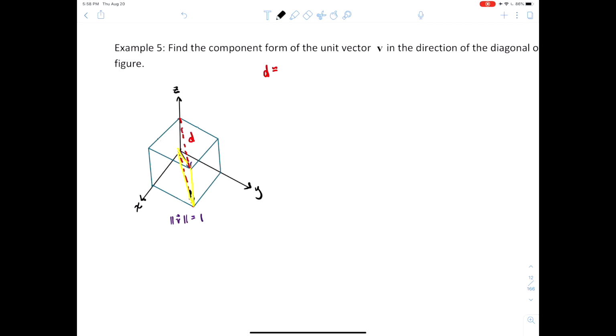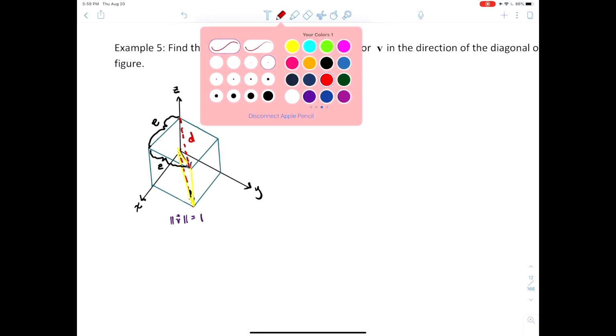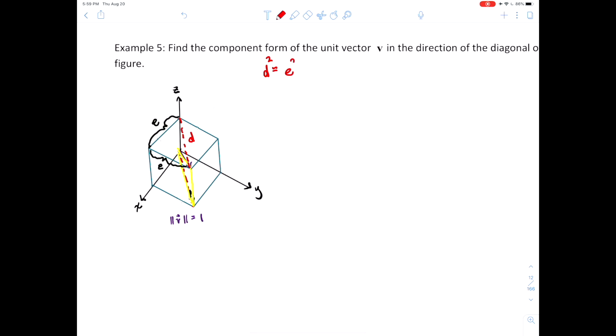If you look at the top square here, do you see that you'd have an edge and an edge, right? And you can find that diagonal in terms of e. So our diagonal squared is going to equal e squared plus e squared. And so diagonal squared is 2e squared. And so d is a length, so we're going to have e root 2. Good so far? So we found that this diagonal is e times the square root of 2.